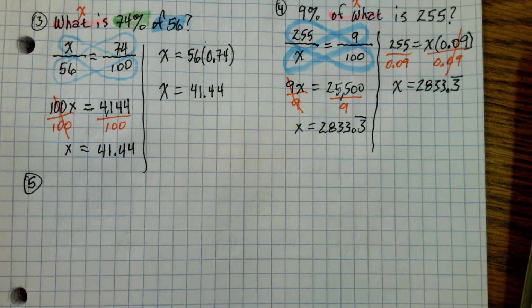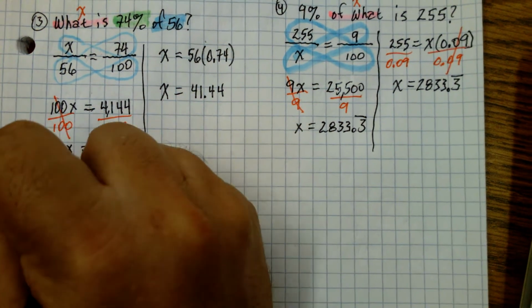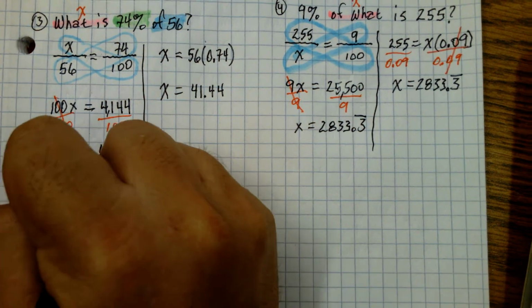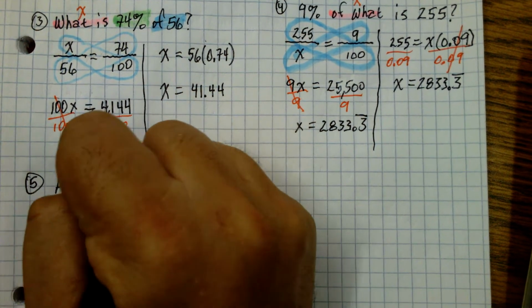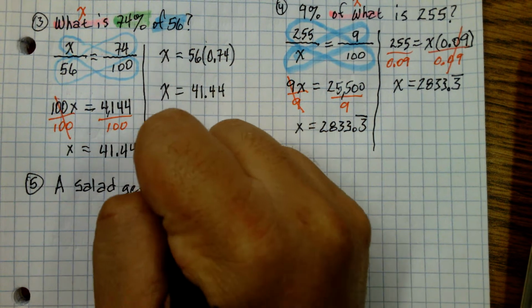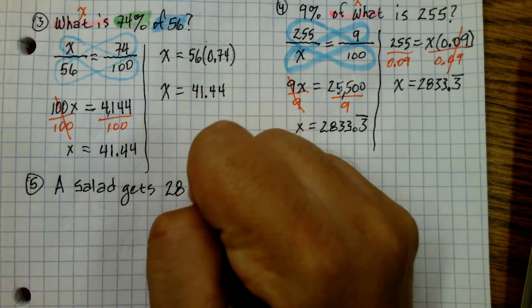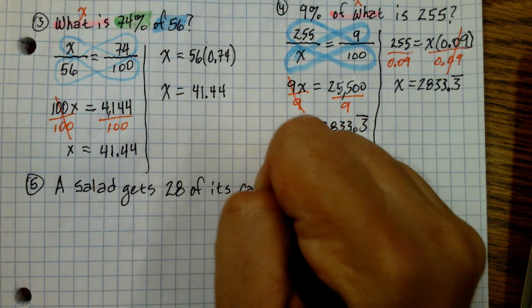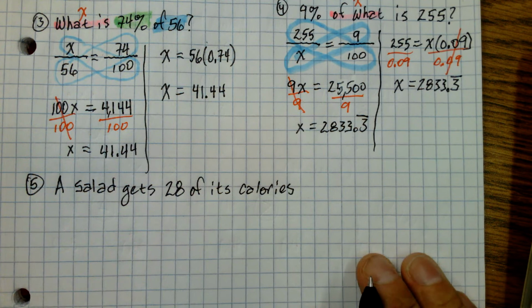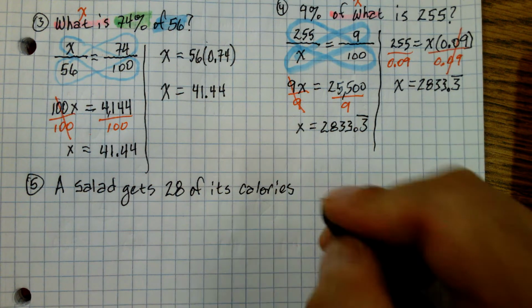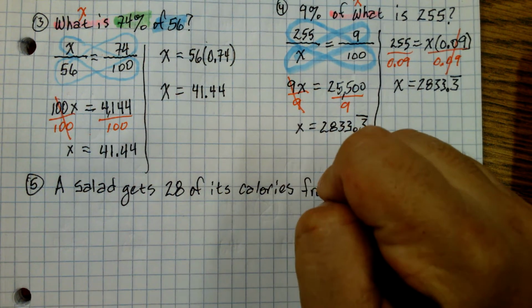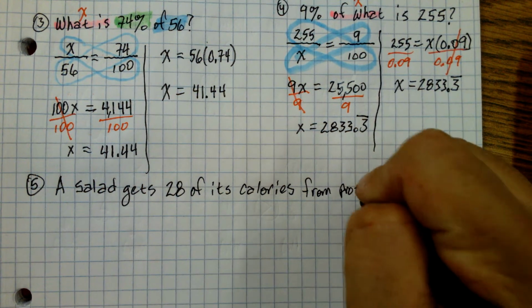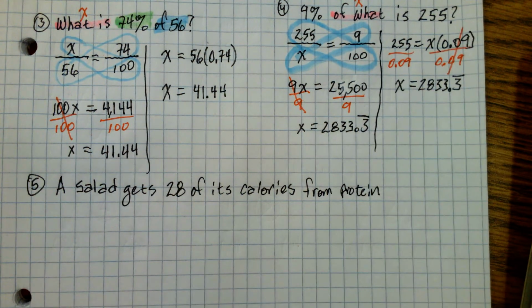A salad gets 28 of its calories from protein. So the protein can come from chicken or maybe some steak or maybe garbanzo beans, something like that.